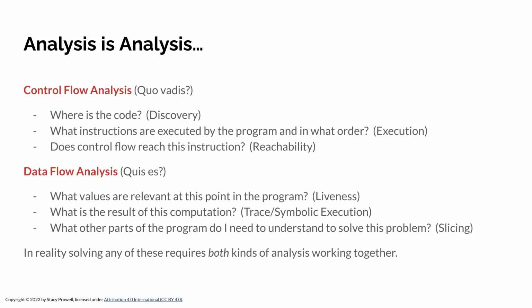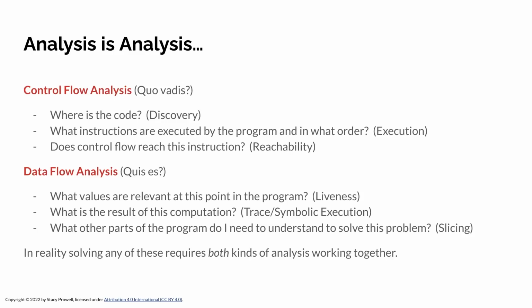Some things we would think of as control flow analysis are code discovery, figuring out the execution order of a program, and determining whether or not a piece of the code is ever executed. That's a reachability problem. Some things we tend to think of as data flow are which values are relevant at a given point. That's the liveness question.